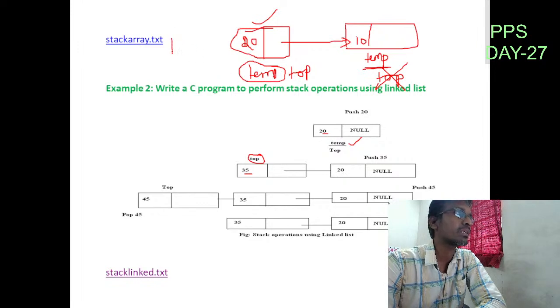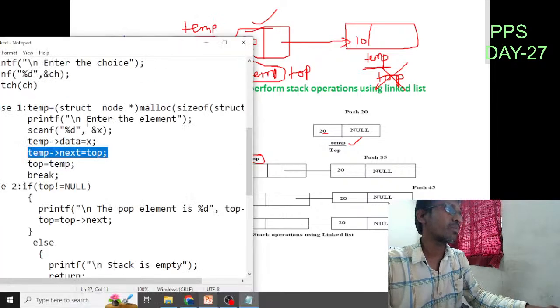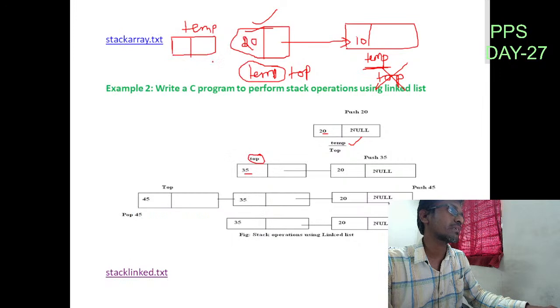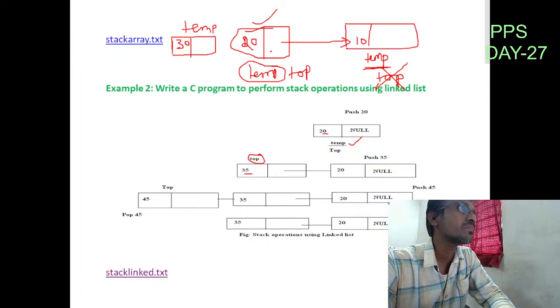For example, if I want to insert one more node, the node name is temp, and after that, temp points to data is equal to x. You can read the x value from the keyboard and store it in the temp points to data field. After that, the second node is the top of the element in this stack.